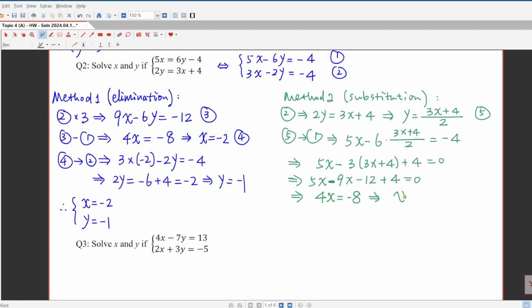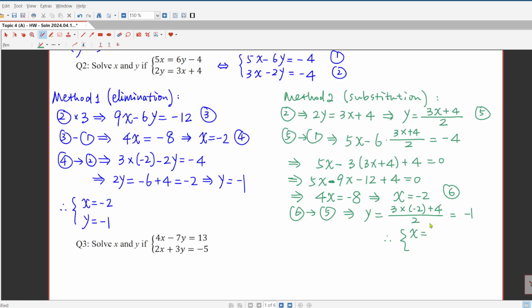And we can solve x is negative 2, right? And let's call this equation number 6. Then put equation number 6 back into equation number 5. Then you will have y equals (3 times x, which is negative 2, plus 4) over 2, which gives us negative 1, right?